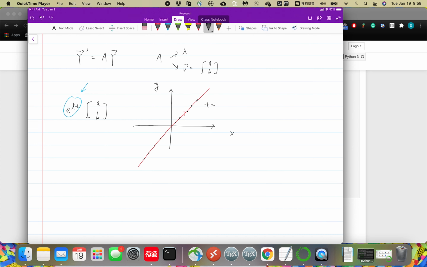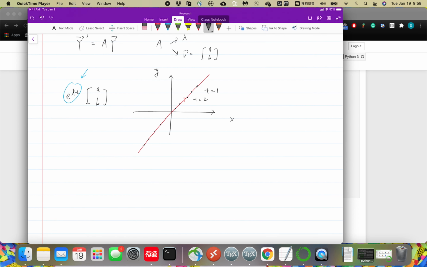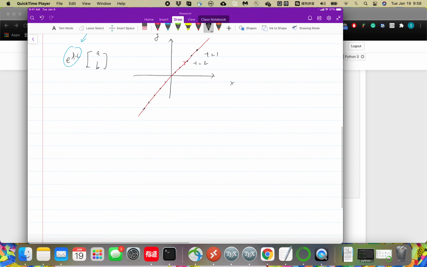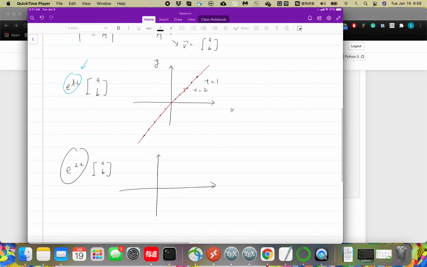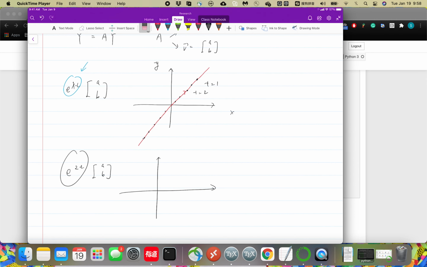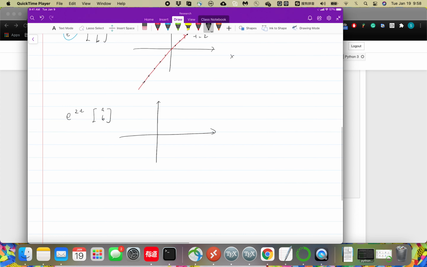Okay, so this is t equals, I don't know, 1. Maybe this is t equals 2, and so on. Okay, so that's why we have a straight line solution. Now, moreover, if I know the value of lambda, for example, if I know it's e to the 2t, what I will know is, as my t becomes bigger, this number becomes bigger, therefore the vector becomes longer. So it will take this vector, and as t goes by, it will make this vector larger and larger.